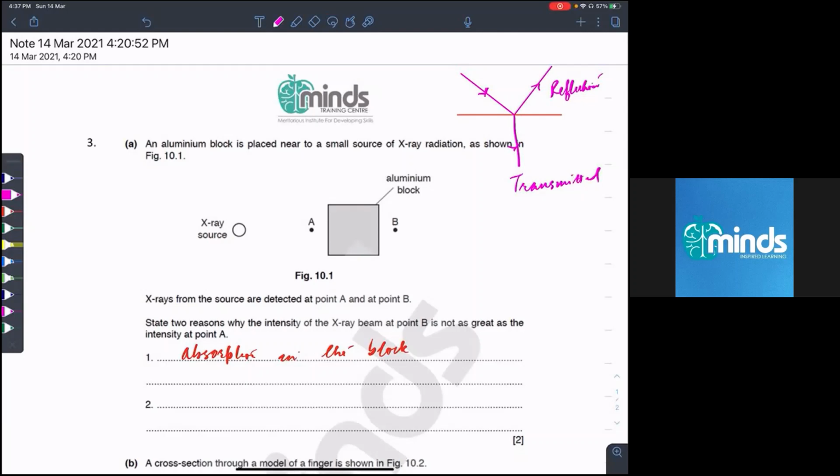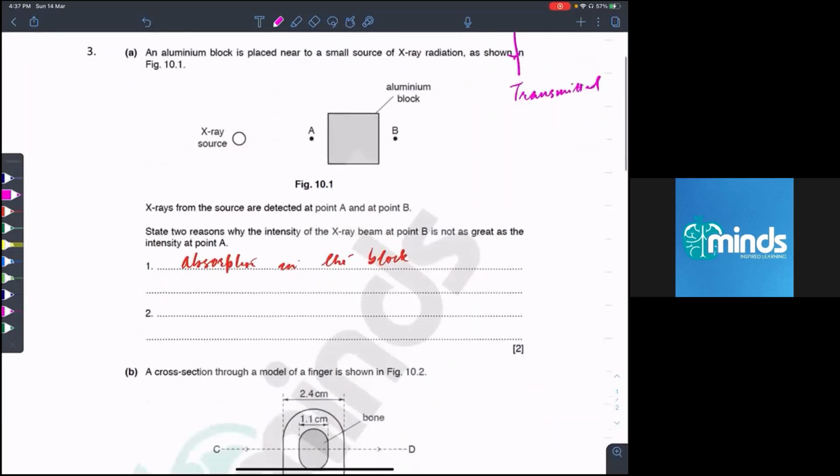So what will happen when X-rays strike the aluminum block? Some part of the X-ray might be reflected from the aluminum block. When it is reflected, the intensity reaching B is less. So the next point could be reflection at the boundary, the air and aluminum boundary, I mean.